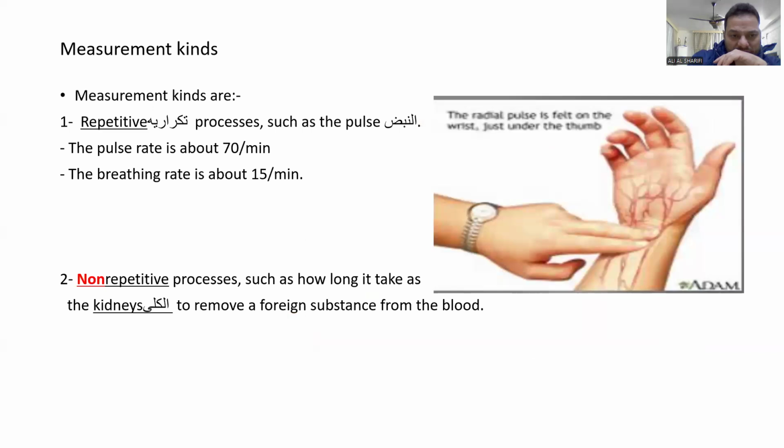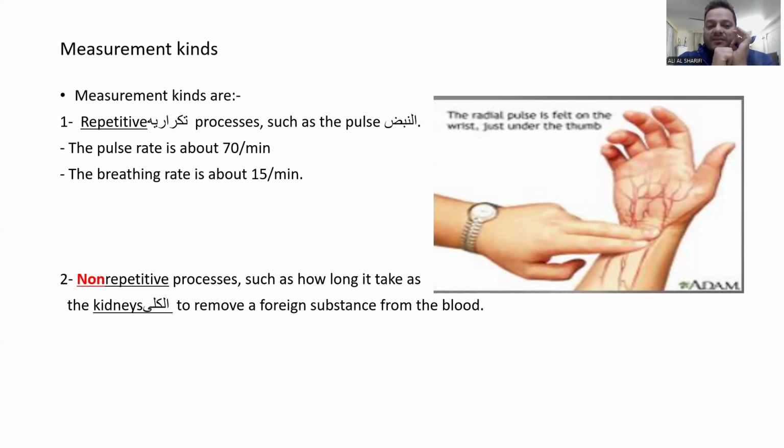Here the measurement kinds are important. There are two kinds. The first one is repetitive. That means I will measure a specific thing many times over a specific period. For example, your heart rate at normal is almost 70 per minute.